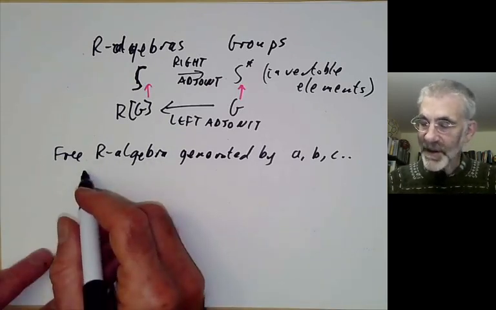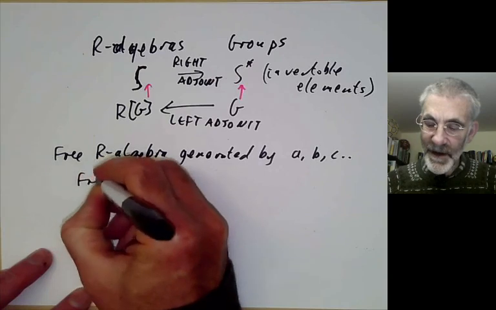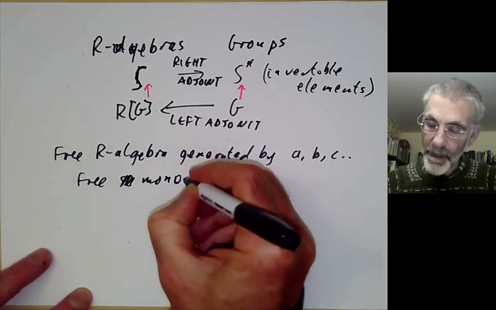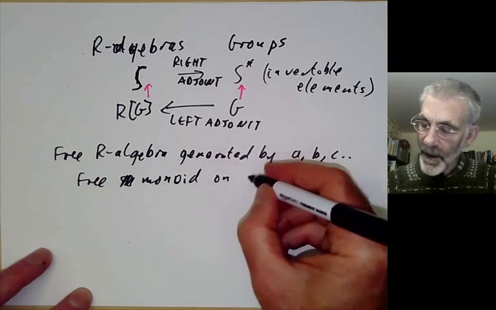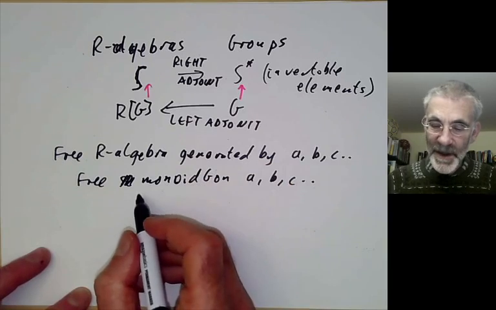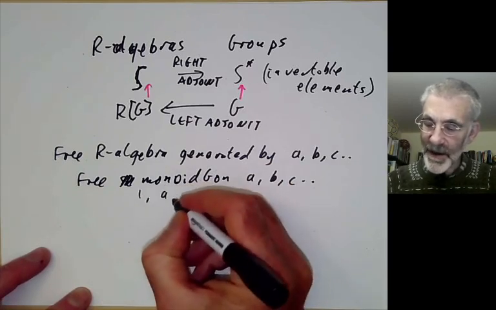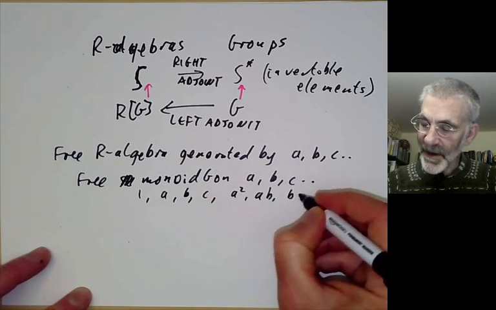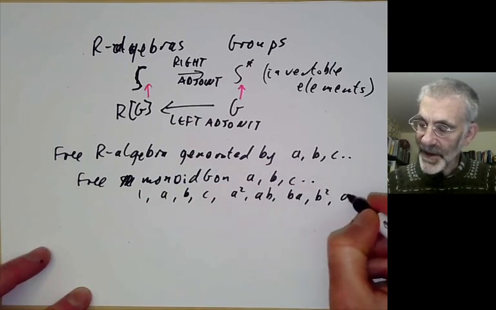And to construct this, what we can do is we can just take the free monoid on A, B, C, and so on. So let's call this monoid G. This means that G has elements 1, A, B, C, A squared, AB, BA, B squared, AC, and so on.